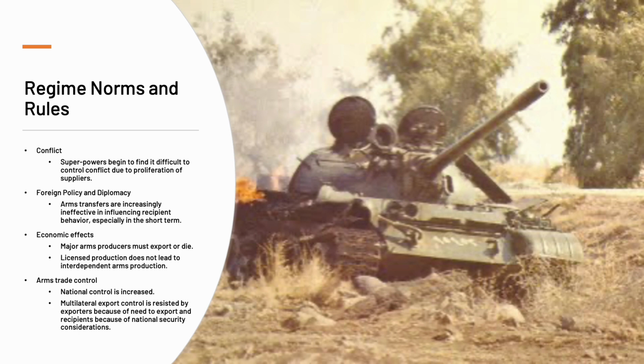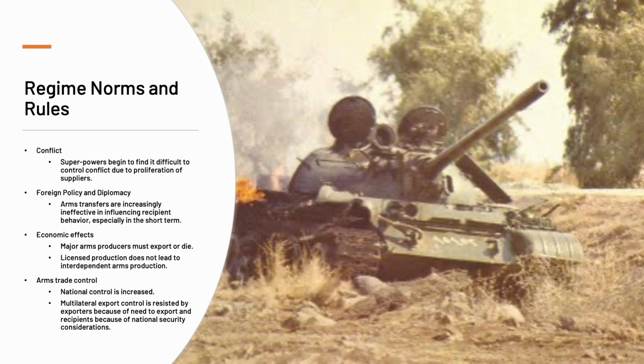You're looking at a buyer's market. The buyers have multiple sellers to buy from now, which means that any one seller has less leverage over the buyer. When we look at the economic effects, major arms producers are being forced to export or die.